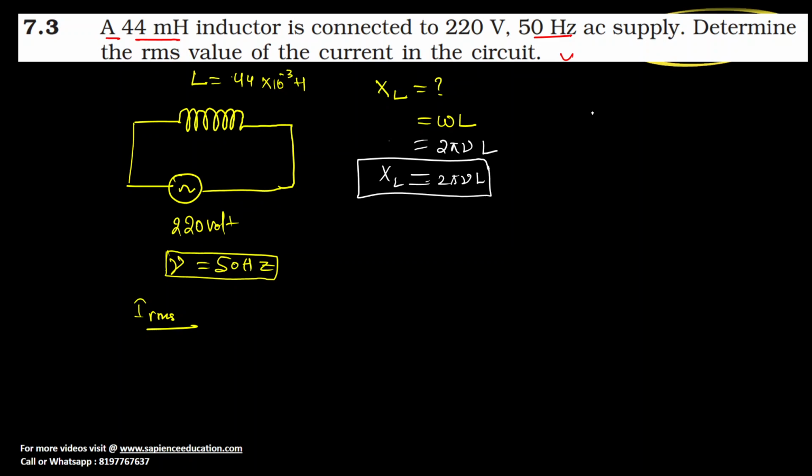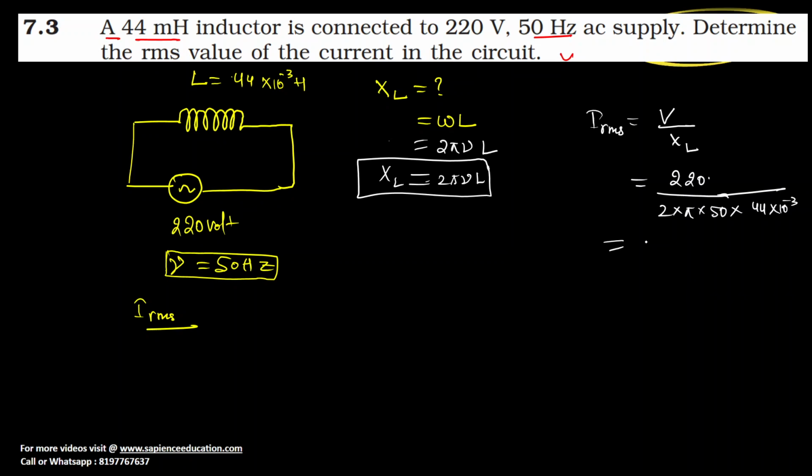Now the IRMS current is equal to the applied voltage VRMS divided by XL. VRMS is 220 volt divided by XL, which is 2 into pi into the frequency 50 into L, that is 44 into 10 to the power minus 3.